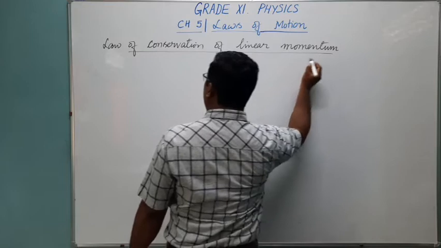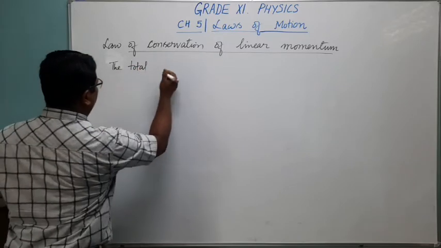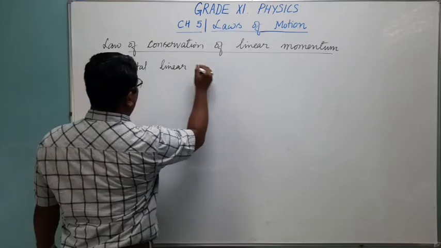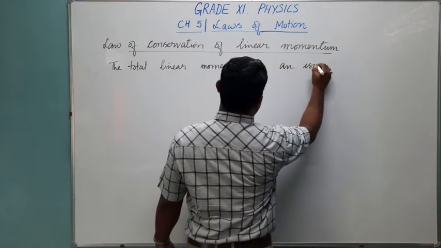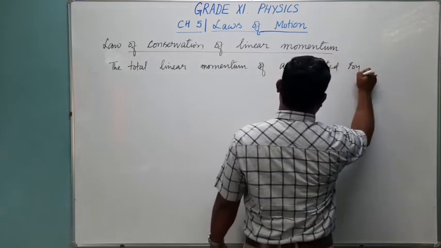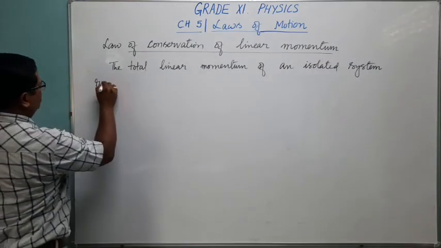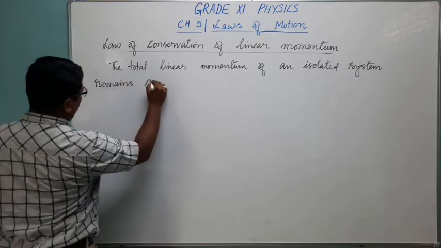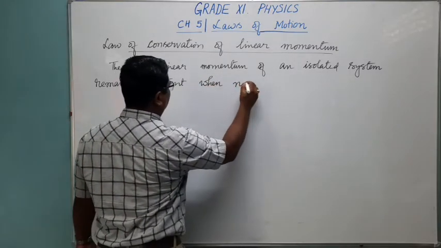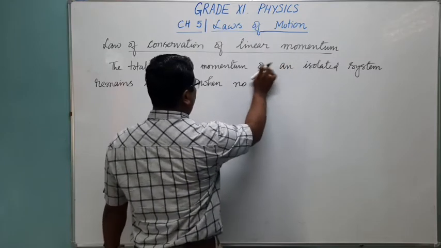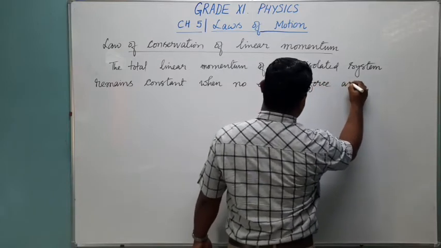The law of conservation of linear momentum states like this: the total linear momentum of an isolated system remains constant when no external force acts on it.